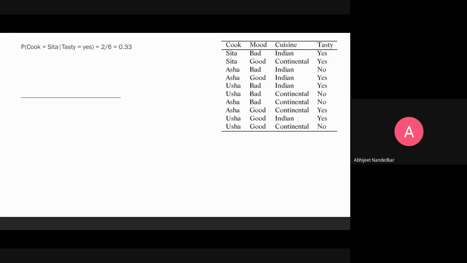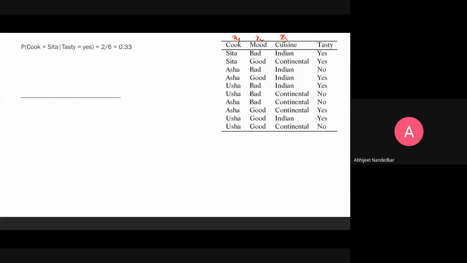If cook is equal to Sita, given the condition that taste is yes, I can search in my table. When I search for cook equal to Sita, I don't care about mood and cuisine, x2 and x3. I just care about x1.